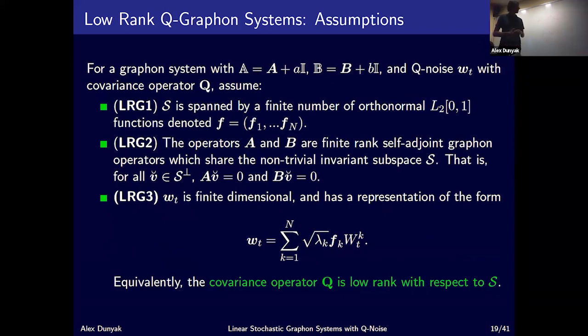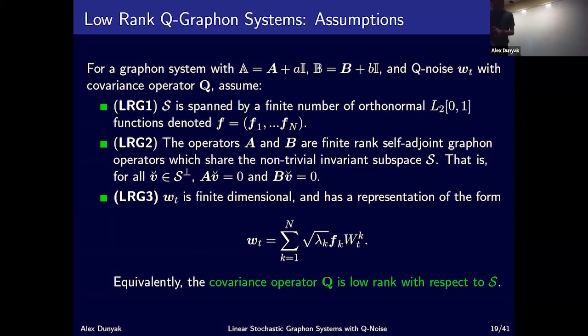So we're just going to write some assumptions and notation. First, we're just going to state that there are a finite number of orthonormal L2 functions, denoted f here, from 1 to n, which span a particular subspace S. And the operators A and B are finite rank with respect to the invariant subspace S. And that means that whenever you have any function v-perp here, which is in the orthogonal complement of S, then A operating on v-perp and B operating on v-perp equals 0.